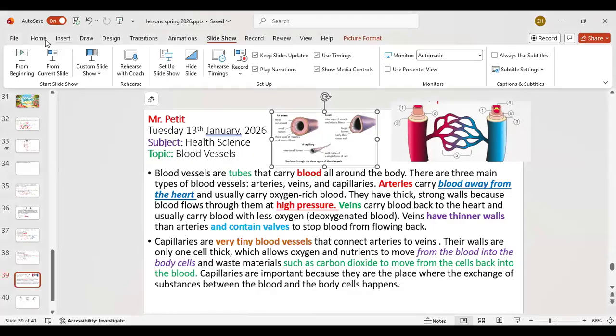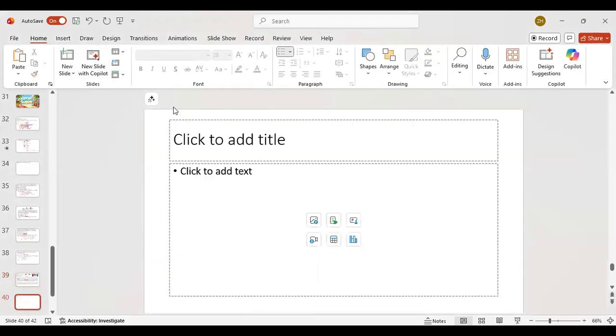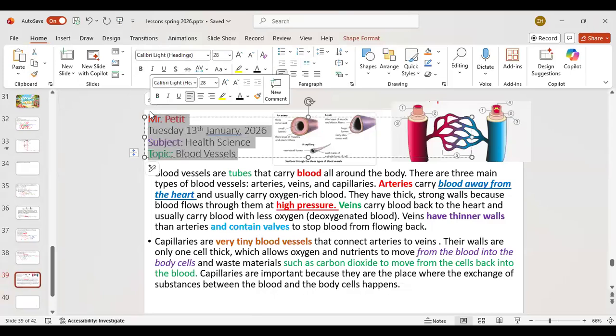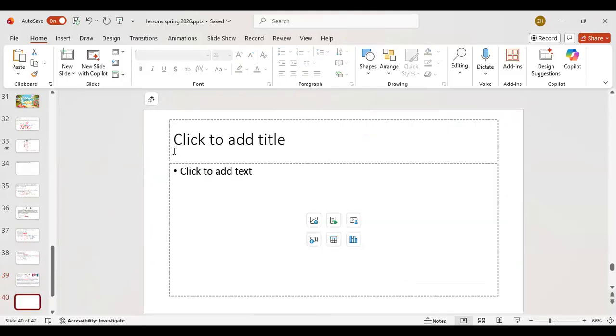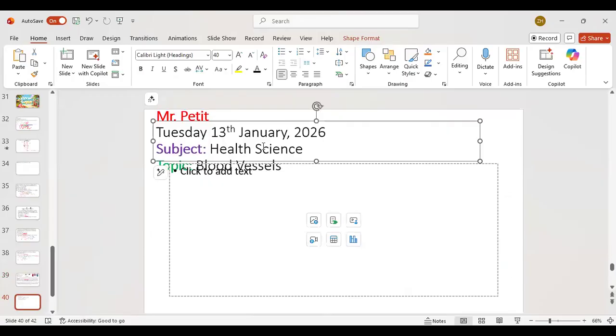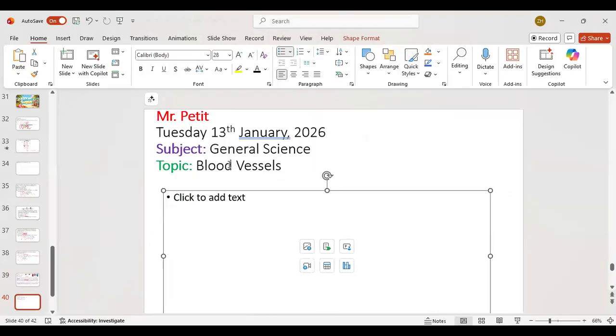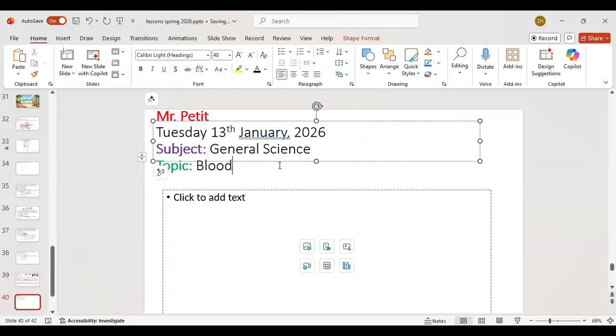Okay, so let's move on to general science. We have a lot to cover, so we don't want to waste any time. Our topic is a very nice topic. It's on the flower.